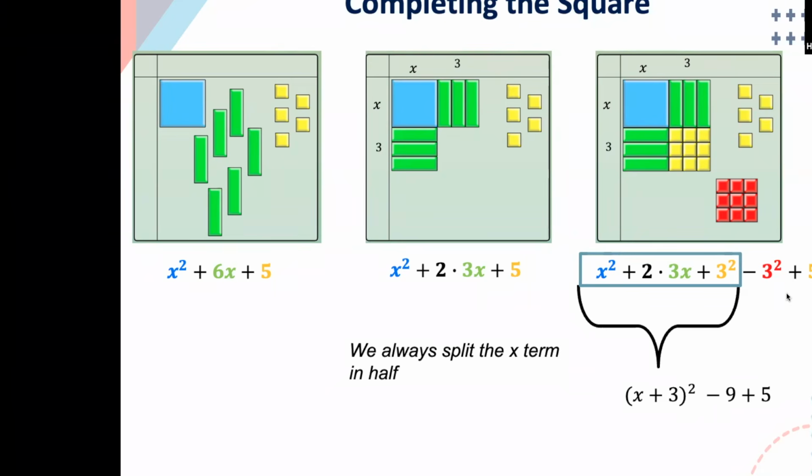And then I just rewrite what is left: negative 9 plus 5. So I can turn this expression into a vertex form by just reorganizing the algebra tiles, adding and subtracting zero pairs. This is how we can turn this original expression into its vertex form by completing the square.